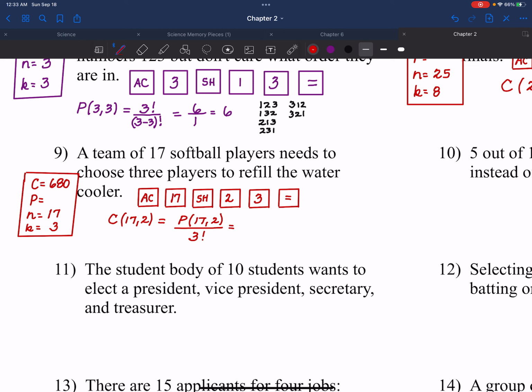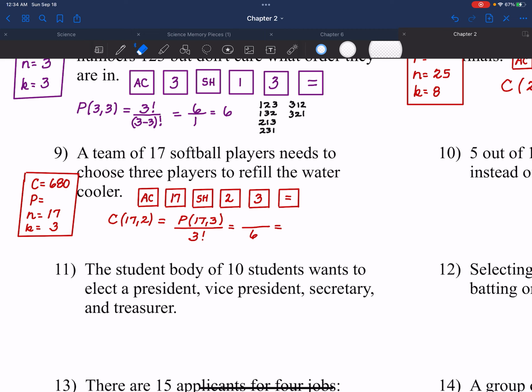So permutation of 17, 3 is 272, and then 3 factorial is 6, and 272 divided by 6, that can't be right. Let me try that again. So 17 permutation 2. Oh, it's 3. Sorry. That's a careless mistake. But I was getting a decimal, so it wasn't going to work right.